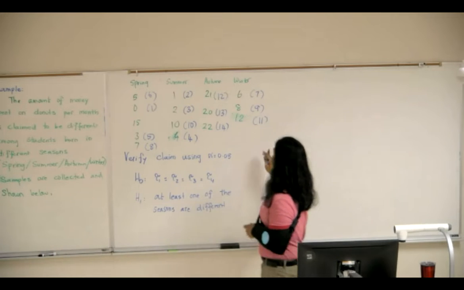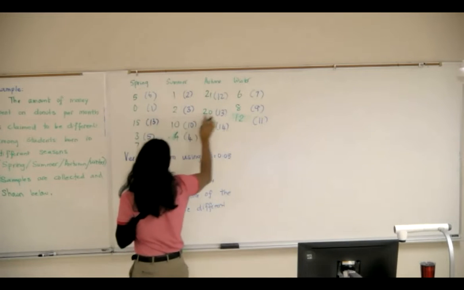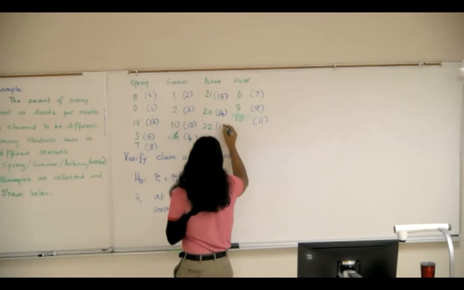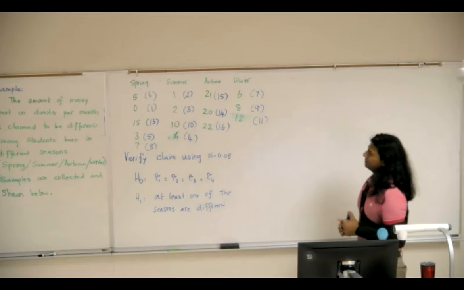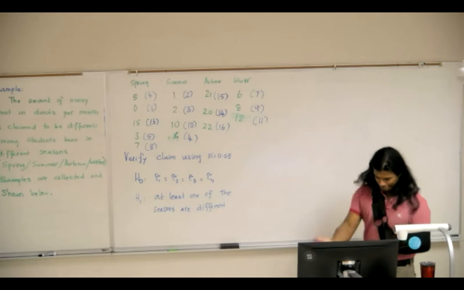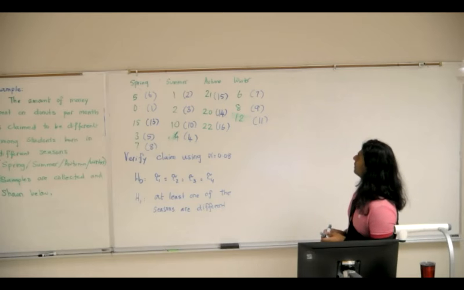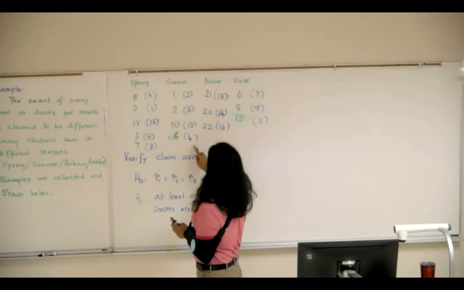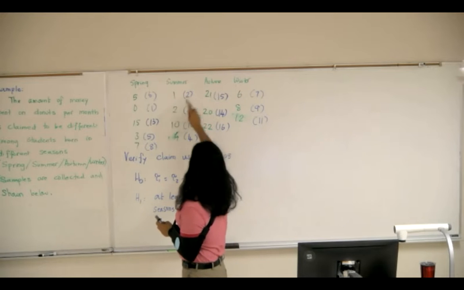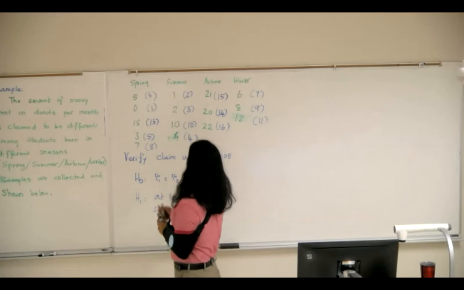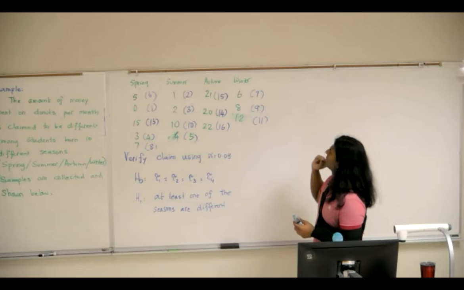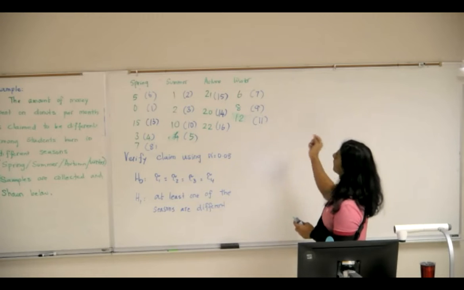13, 14, 15, 16. Good. 5 or 3? 4 is right next to it. This one? Yeah, and then 3 would be actually 1, 2, 3, 4, 5, 6, 7, 8, 9, 10.